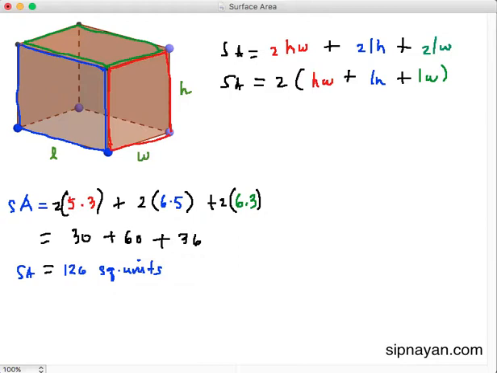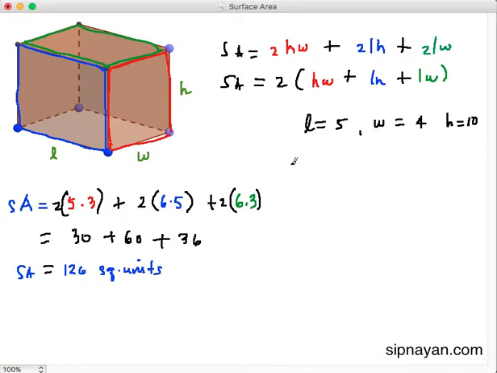So, just a brief example. Halimbawa, meron tayong length equals 5, width equals 4, and height equals 10, for example. So, gamitin lang natin to, di ba? So, any of these two.